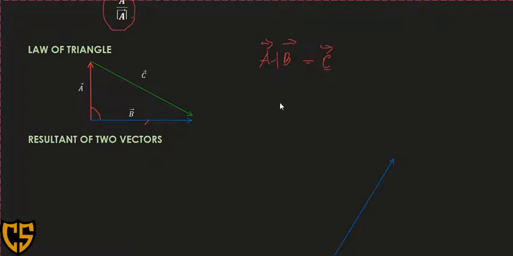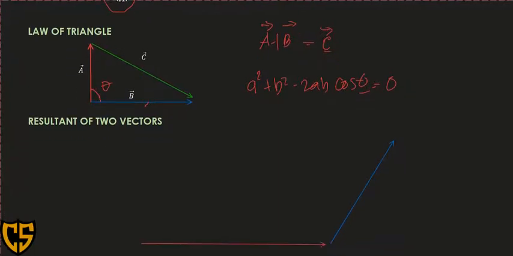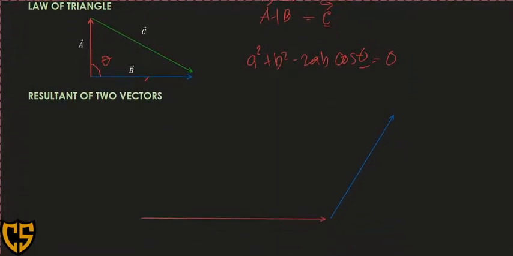So, of course, let us go back to trigonometry as what I have said to you. In trigonometry, the formula in general is a squared plus b squared minus 2ab cosine theta is equal to c squared, considering that your theta is your angle in between your two vectors a and b. It is already indicated above, the law of triangle.